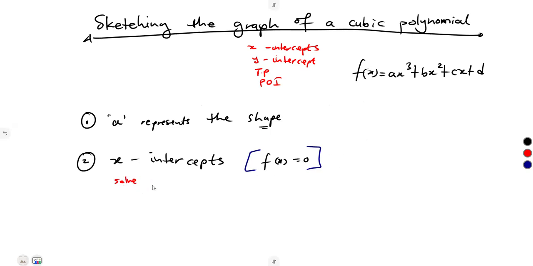You must solve for x when f of x is equal to 0, so apply the factor theorem with the methods that we referred to before.